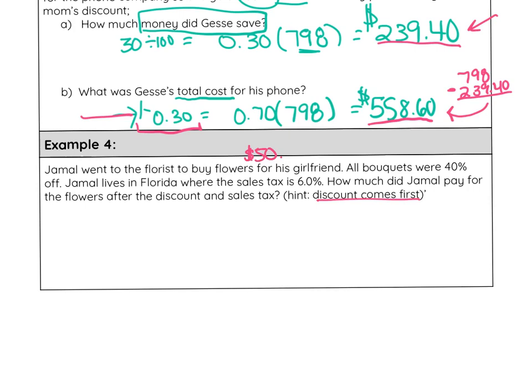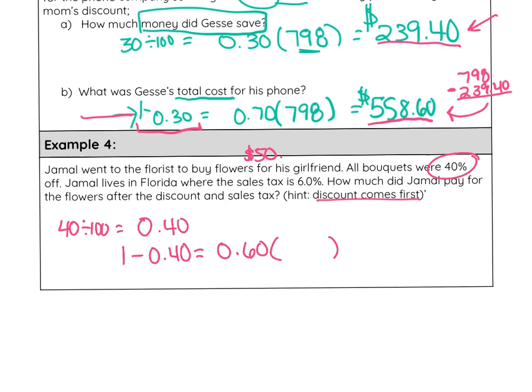All right, so step 1, we're gonna find the amount with discount. So discount is 40% off. So 40% divided by 100 gives me 0.40. Then, because we're looking for the amount of money he's paying, we're going to subtract that from 1 to get 0.60.